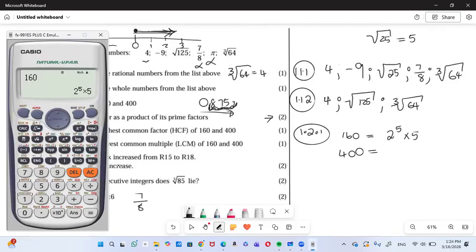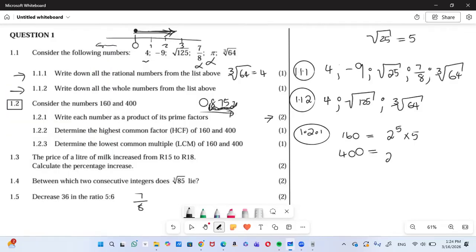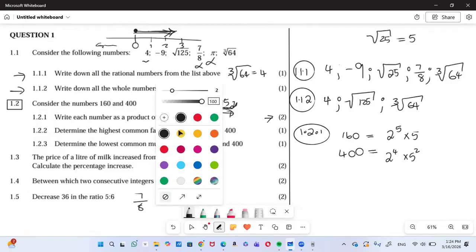Then we go and do the same thing with 400 as well. We go there and say 400, equal sign, shift, factor. There, 2 exponent of 4 multiplied by 5 exponent of 2. And then again here, remember, they will give us a mark for this, a mark for that, which will then be 2 marks.